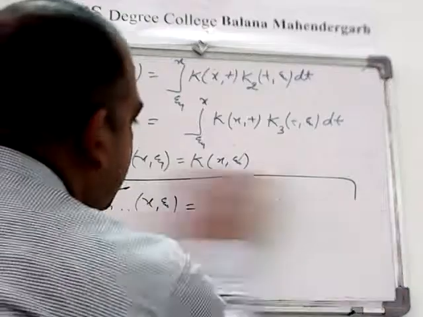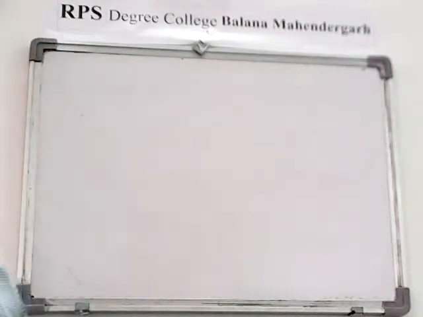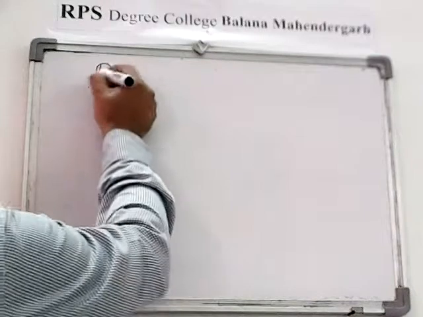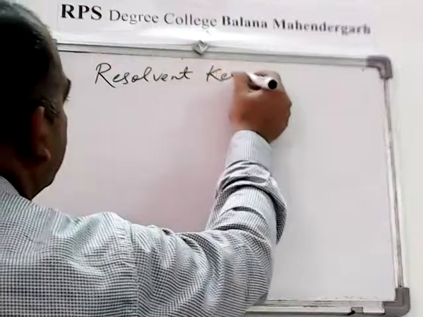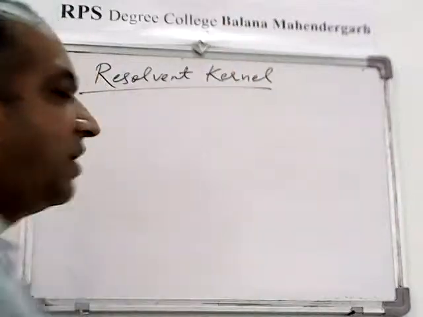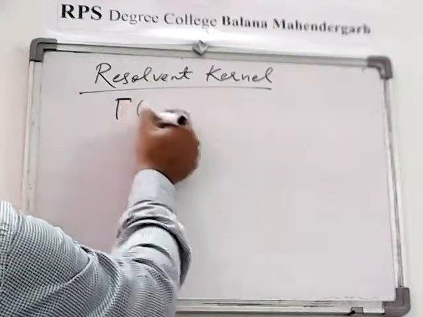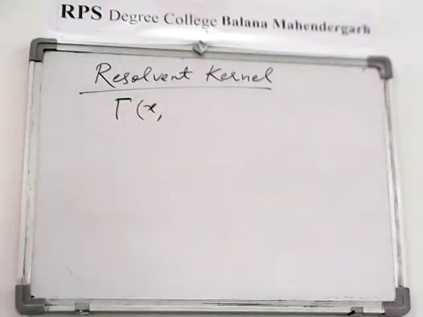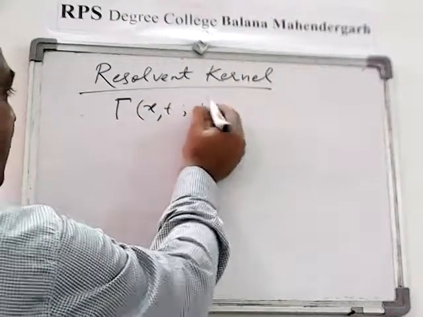Our next topic is, as we have discussed the iterated kernel, the next case is of the resolvent kernel. The resolvent kernel is denoted by this symbol, R(x, t; λ).